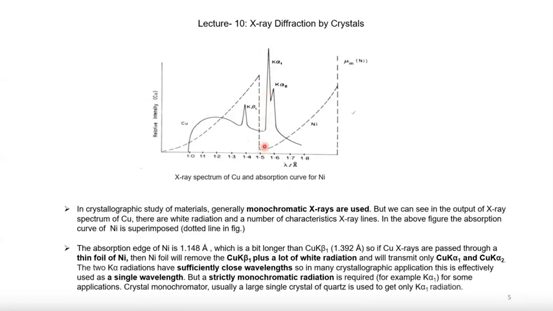Why do we use copper K alpha radiation? You can see the copper K alpha radiation is much more intense than both K alpha 2 and K beta. Therefore, we want this strictly monochromatic radiation, and use it in very many determinations of structure of ordered single crystals and even amorphous materials.